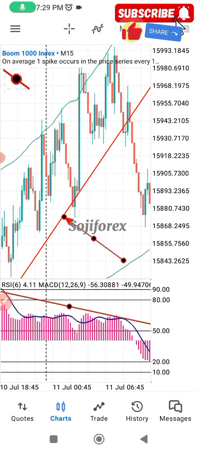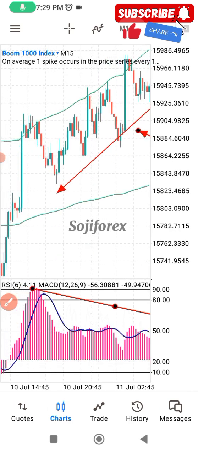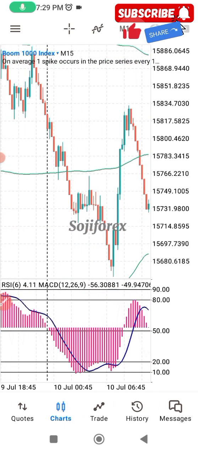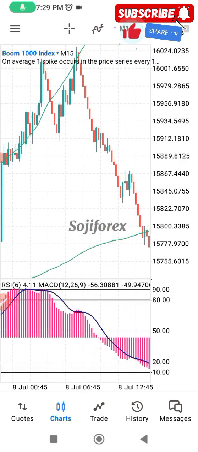You will need your trend line to be broken to confirm your entry, which it will definitely be. And you can see how it break it, and in this zone it gave us that beautiful entry, and here you would have made your way to the downside. So that is how you can take advantage of this.